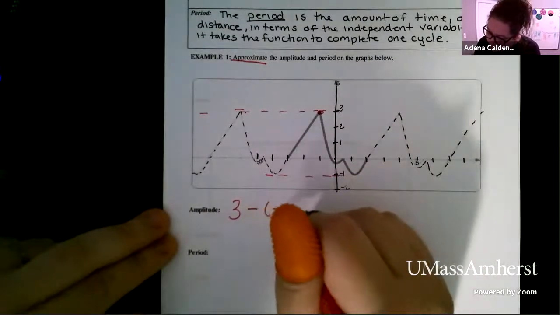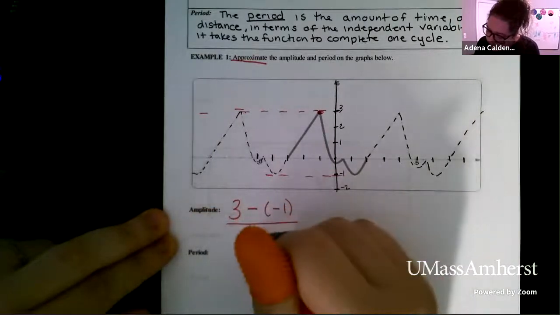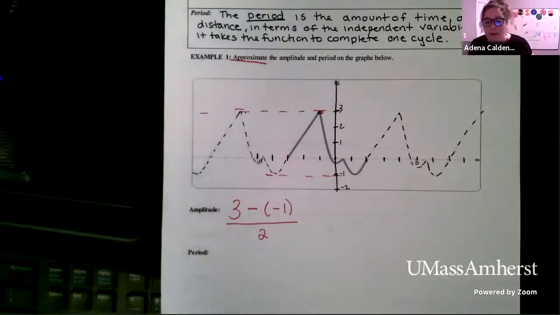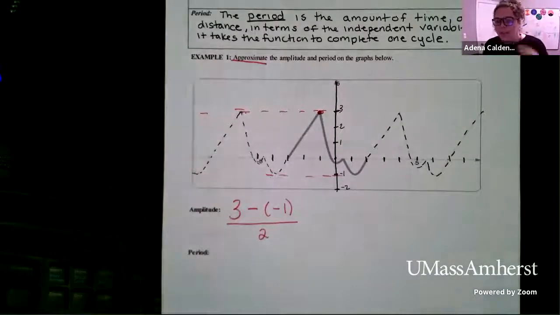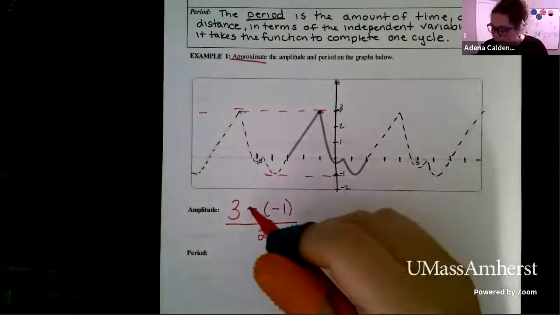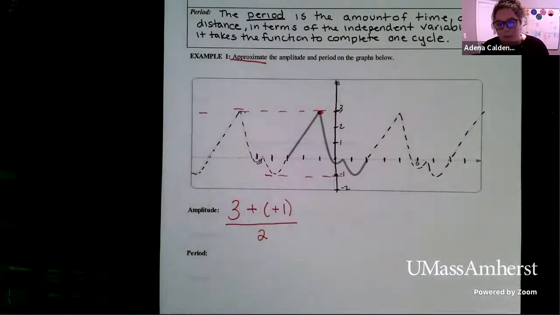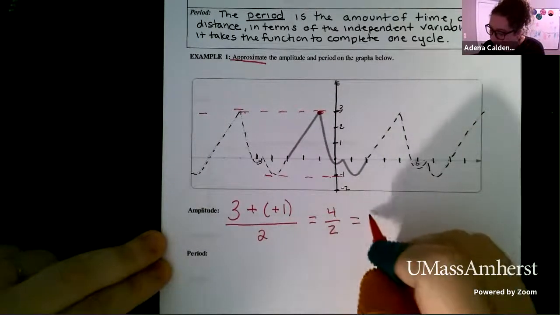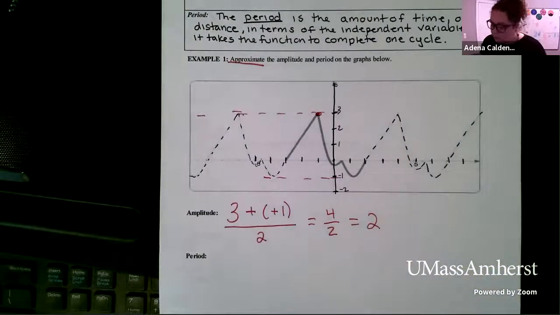So 3 minus -1, divided by 2. Be really careful with negative values, because if you subtract a negative, the minus and the negative cancel out. So we actually have 3 plus 1, which is 4, divided by 2, which is 2.